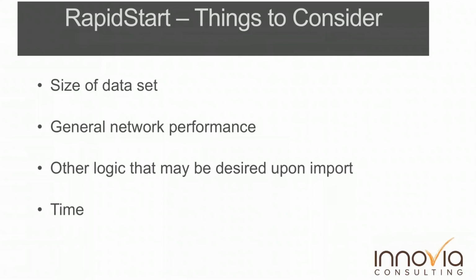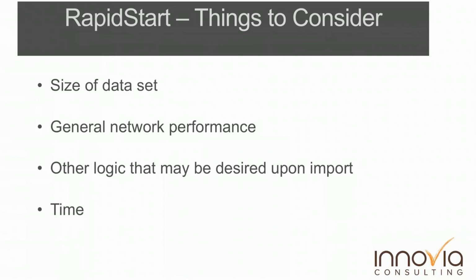So the next consideration is network performance, right? So if your network is really zippy and your data set isn't completely enormous, then RapidStart probably works great. But if you get a really large data set on a network that tends to have some latency issues, then we may need to reconsider how we're going to use that tool.